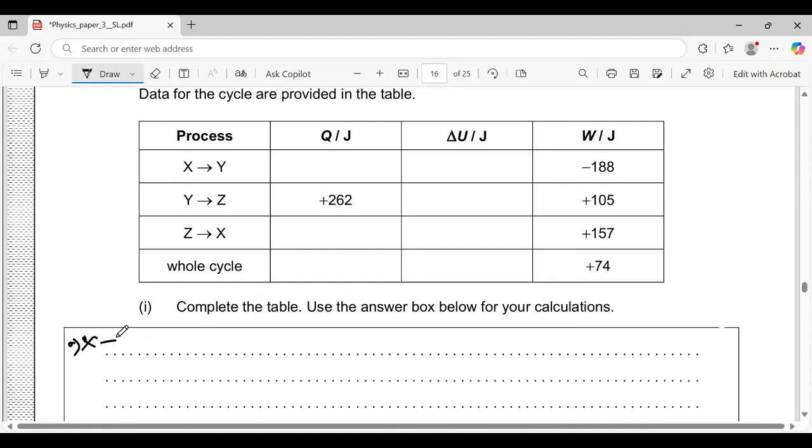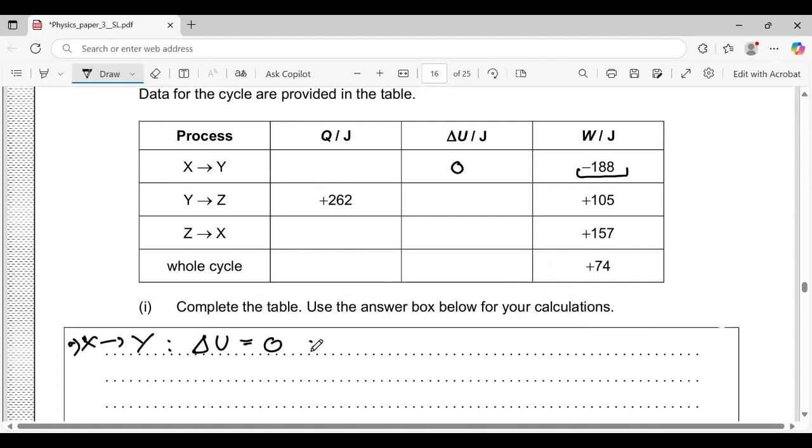Process X to Y. Work is minus 188. This is work. And for isothermal, delta U here equals 0, because internal energy depends on the temperature, which is constant in an isothermal process.